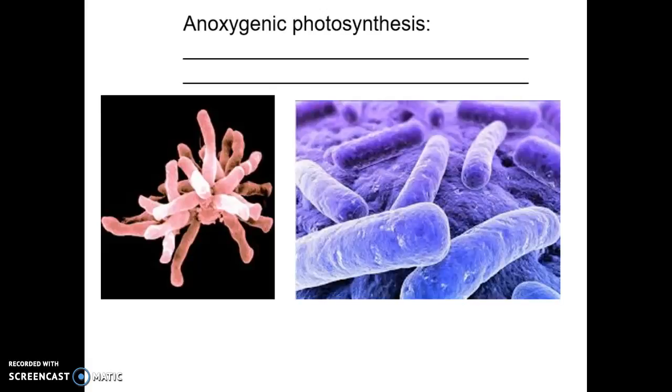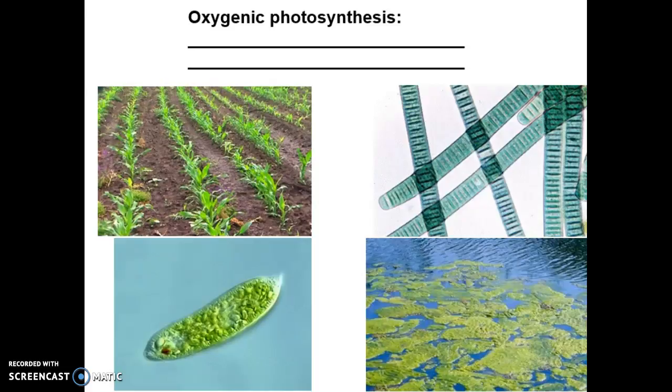So it makes it a little bit unique when we look at the organisms that run this pathway. I'll show you this in just a little bit, but by and large, the primary photosynthesis pathway is oxygenic photosynthesis. This is the traditional pathway that we think of when we look at plants. So there's a cornfield in springtime. We look at some of the bacteria or algae or this little oval-shaped creature down on the bottom.